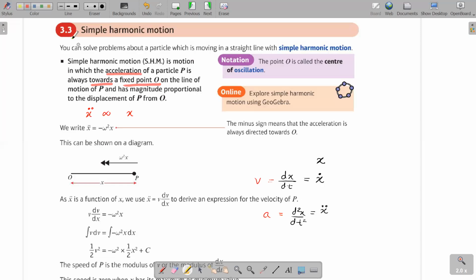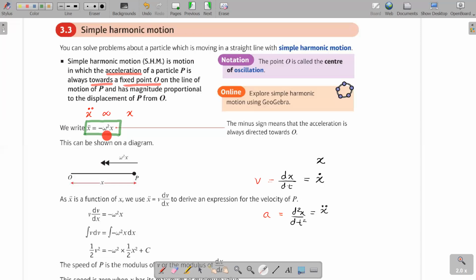So this is the first main equation that we will be using in this lesson. It is something that we will be using a lot. Whenever any object moves in SHM, its acceleration, the x double dot, must follow this format: x double dot equals minus some constant times x.